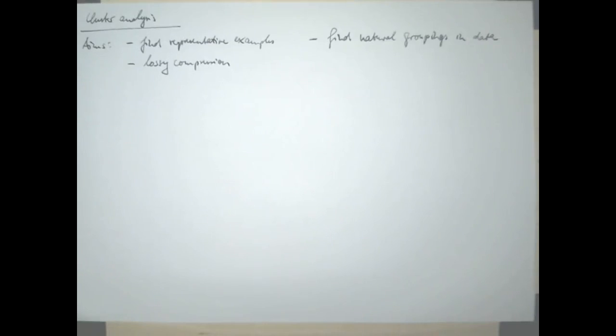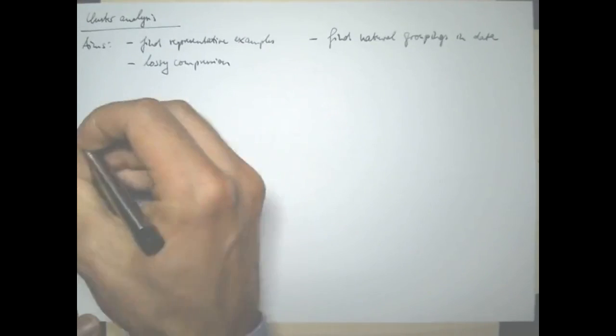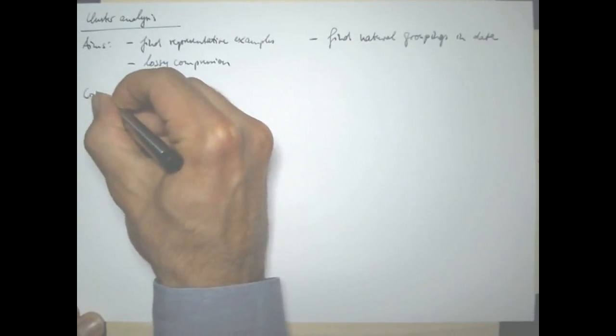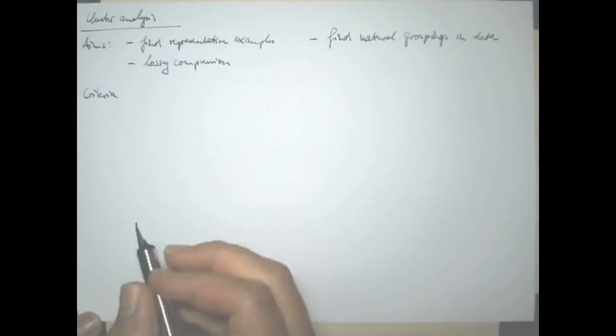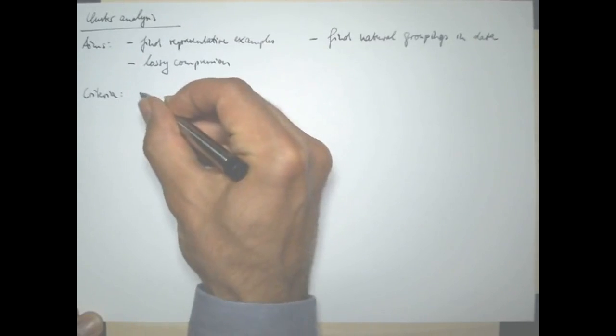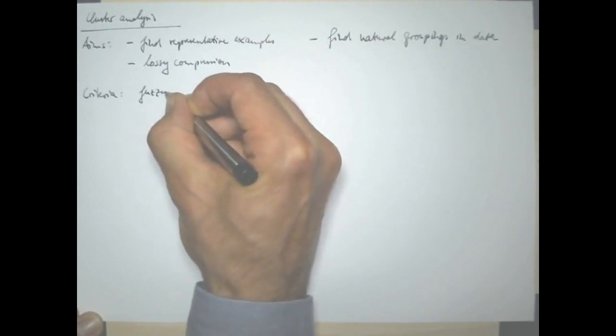Now there's a host of methods for cluster analysis, and we can distinguish them according to different criteria. So different criteria to distinguish methods are, for example, fuzzy versus crisp.